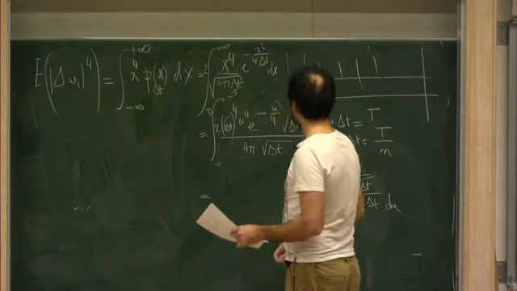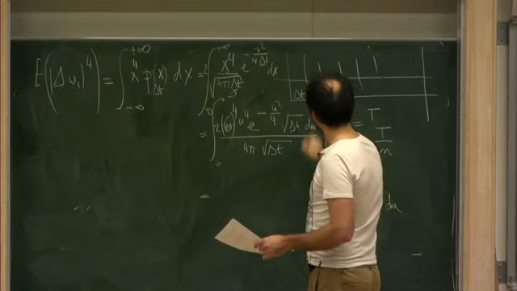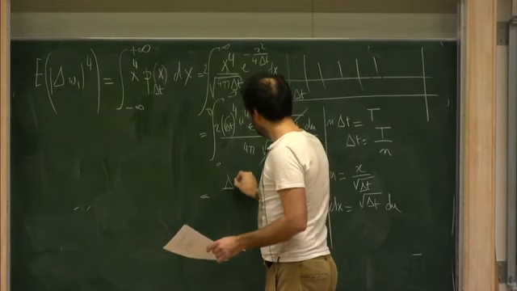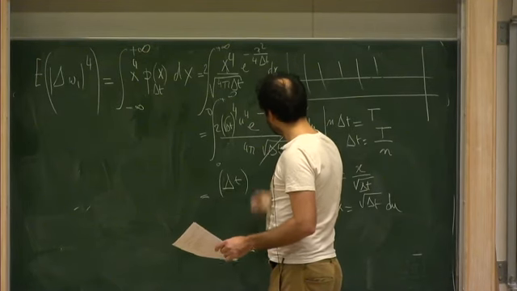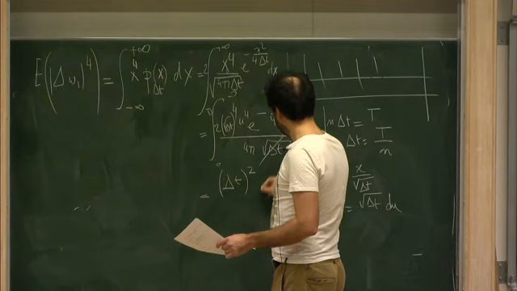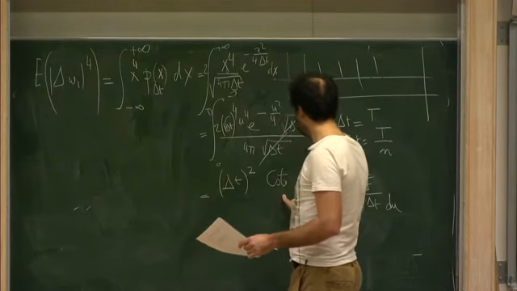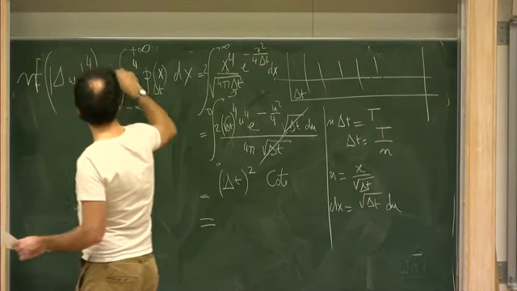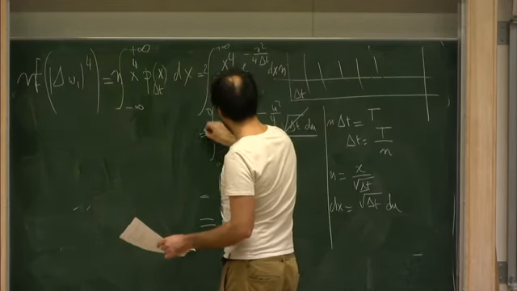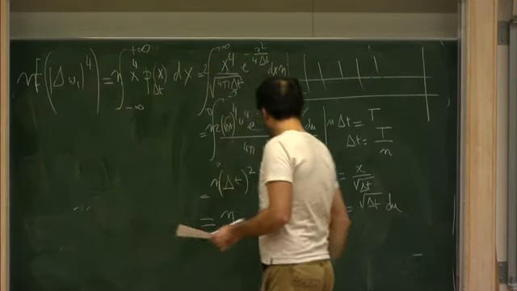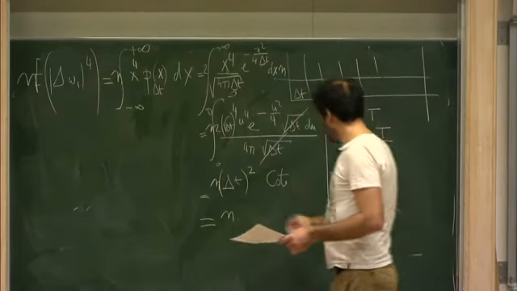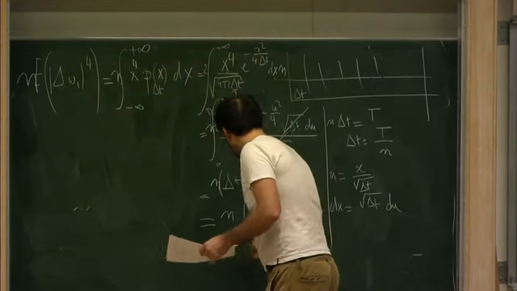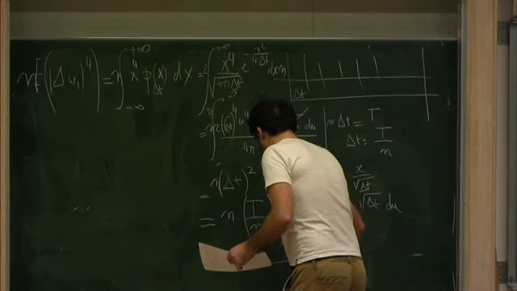And so we need to look at the delta t term. So this goes away, this goes away. This integral converges, and I don't need to calculate it. We have here delta t to the power 2, because we have square root and the power 4, multiplied by a constant. I don't know what it is, and I don't care. Let me remind you that this was multiplied by n, so I have to add the n. n times delta t squared is T squared divided by n, multiplied by a constant.